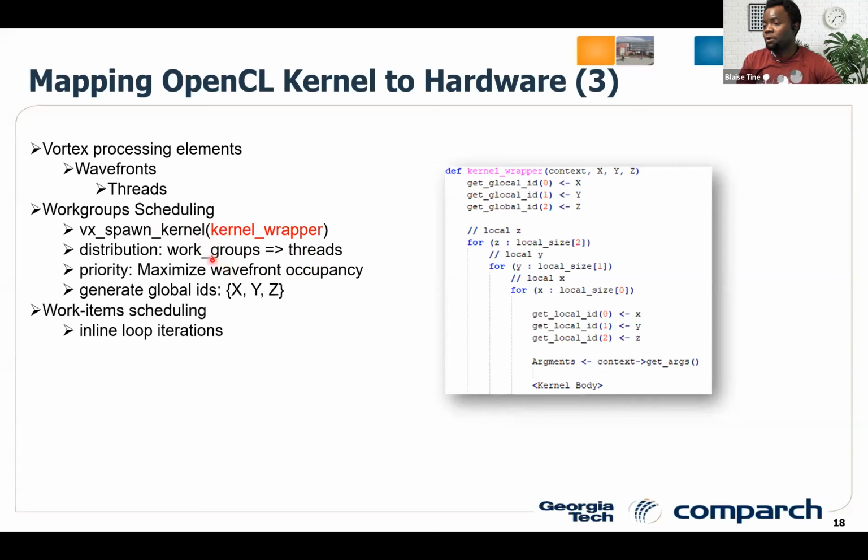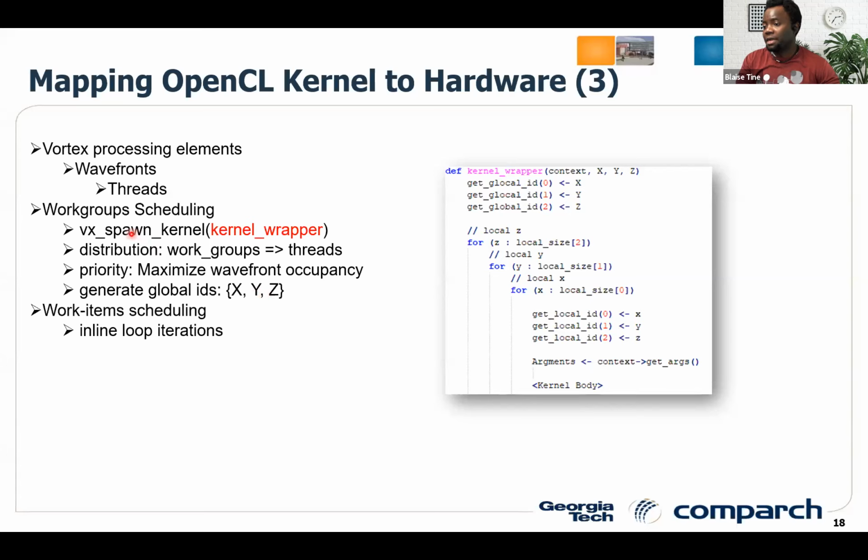So basically, the work groups are spread among all the threads available on the device, and we use priorities based on maximizing the wavefront capacity, meaning that we try to fill all the wavefronts during this distribution. And the algorithm populates the global IDs X, Y, Z for the kernel.